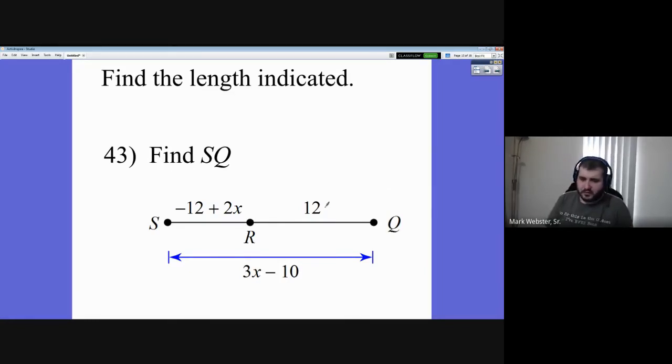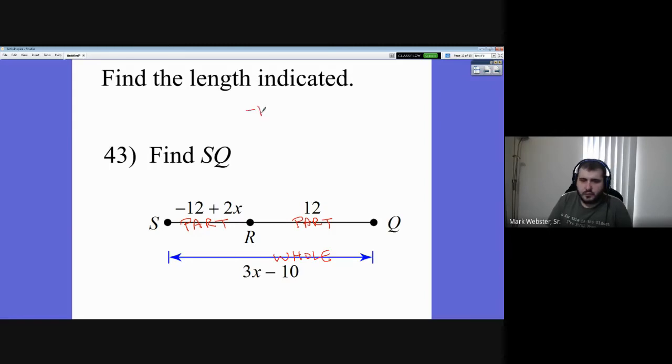Now, what makes this one difficult is, look, there's an expression down here. It's not just a number anymore, but you still got to do part plus part equals whole. Every time you got to do part plus part equals whole. So make sure that you put the parts in one spot and the whole thing on the other one.